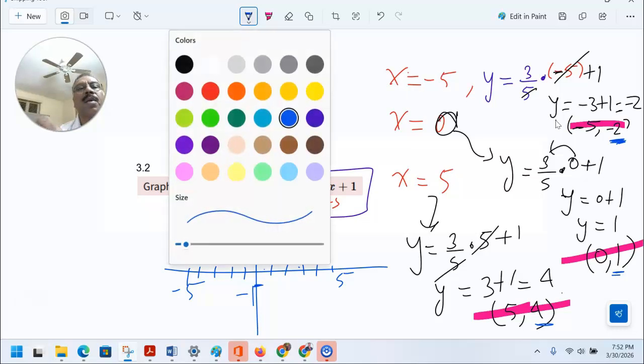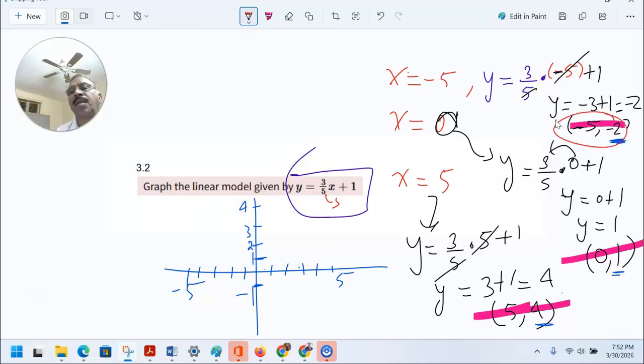Let's mark those points. The first point is this, -5 and -2. Sorry, -2. So -2 will be this one. So this will be -5 and -2. 0 is 1. So this is 0 is 1. And 5 is 4.